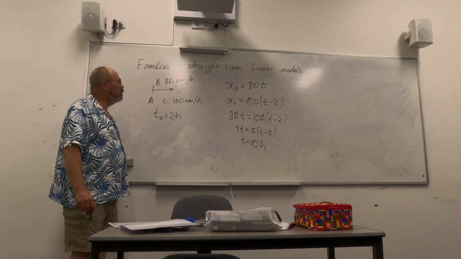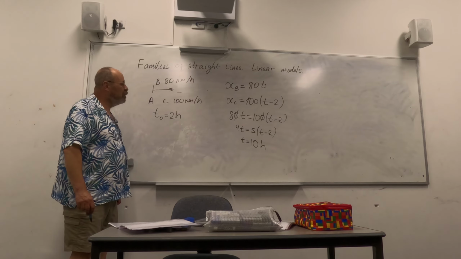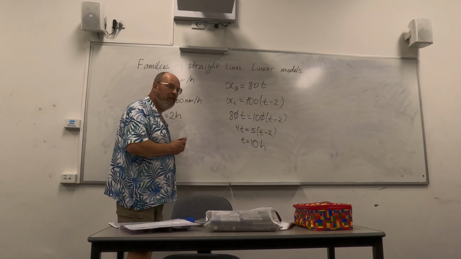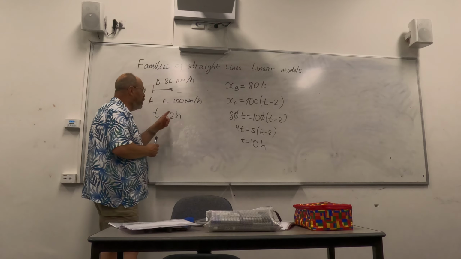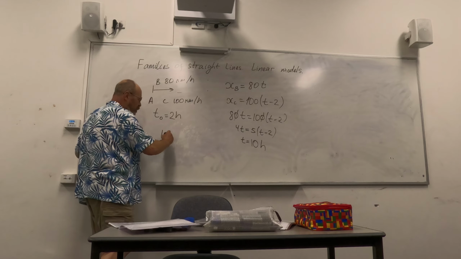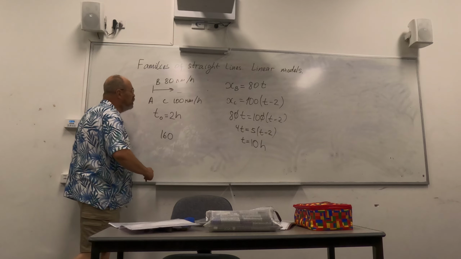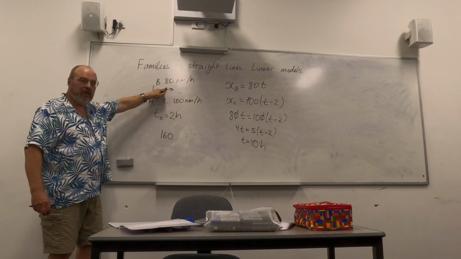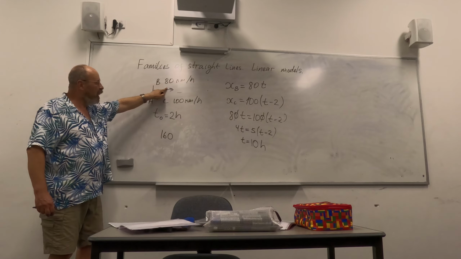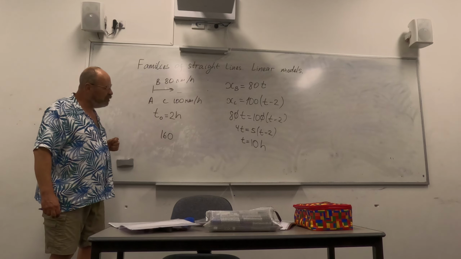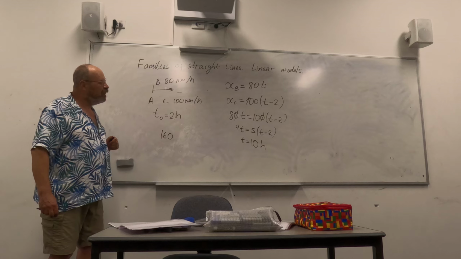How does that work? No, because after the car travels for 2 hours, the bus is 160 ahead, and every hour the car gets closer by 20. So it should only take 8 hours. You have to take time from when the car starts. After 2 hours, the bus will already be 160 ahead, and then every hour the car gets closer by 20. So it shouldn't only be 8 hours?